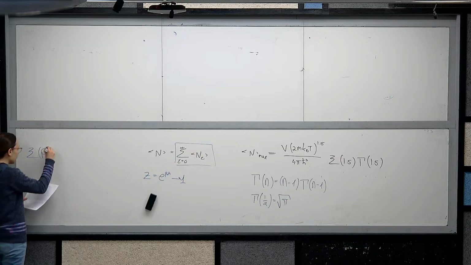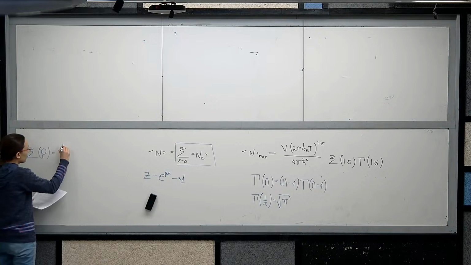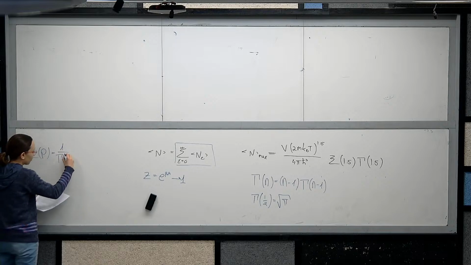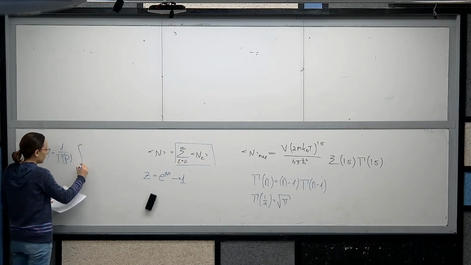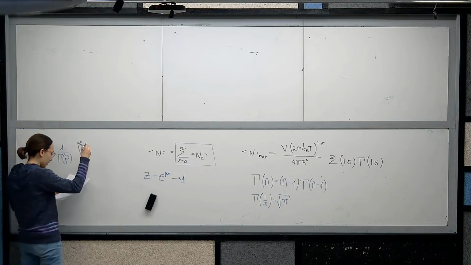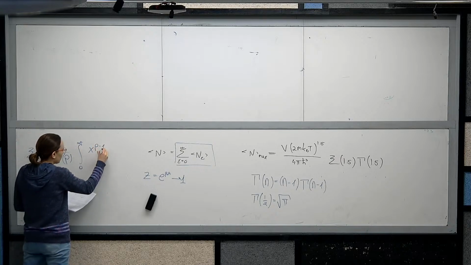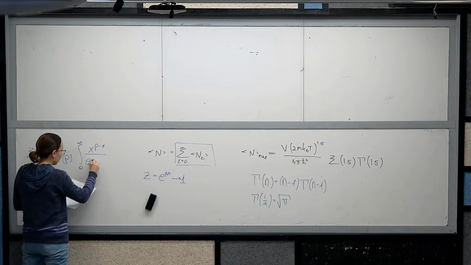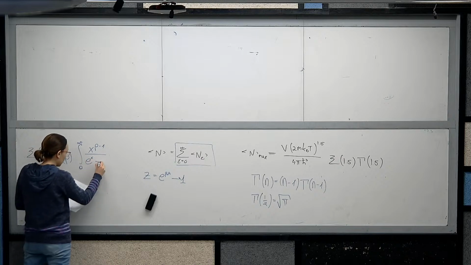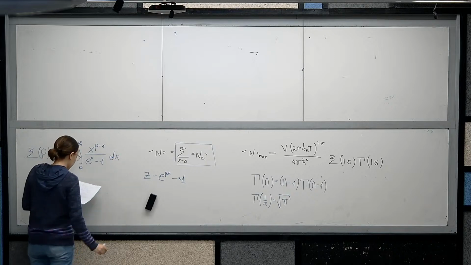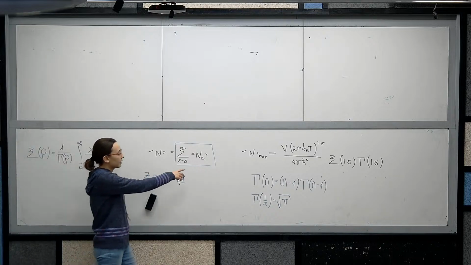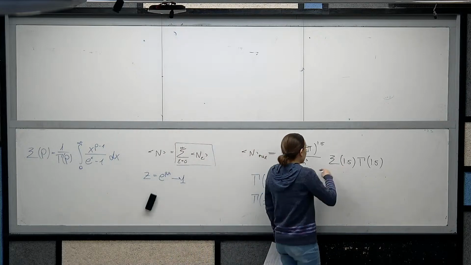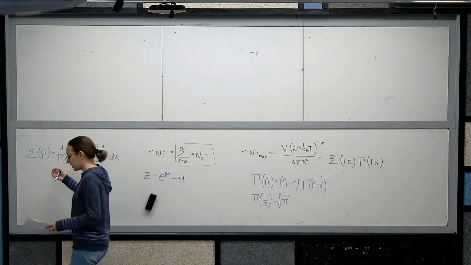And the zeta function is defined by an integral, so it's equal to 1 over the gamma function of this value p times the integral from 0 to infinity of x to the p minus 1 divided by exponent of x minus 1 dx. So also here we get some value. We just need to calculate this integral with 1.5, and we get its value.